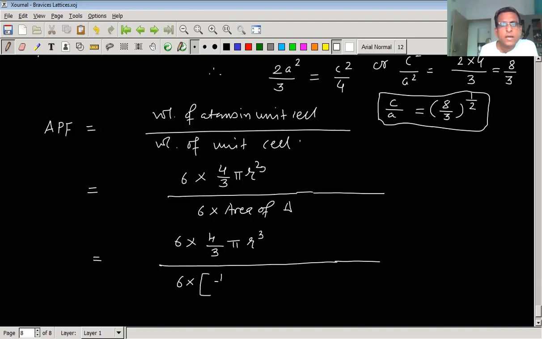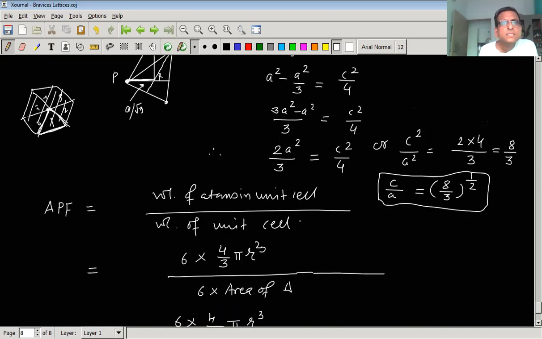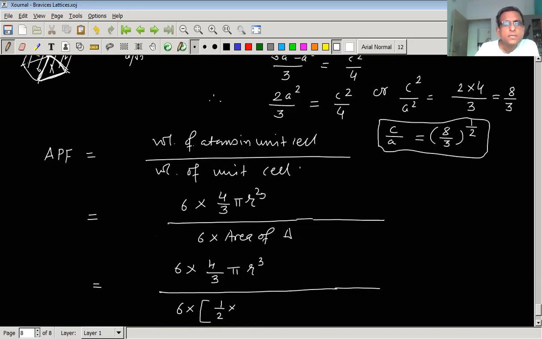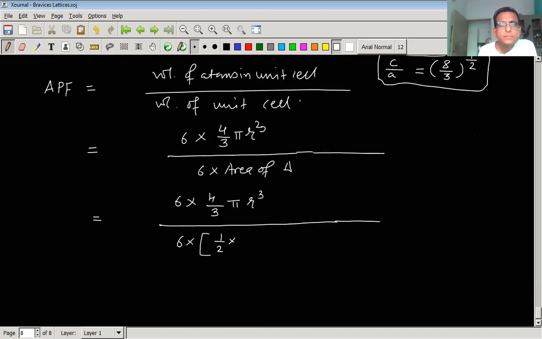So area is given by half into base. Base is A. Here you can see, this is actually A, isn't it? So base is A into the height of the triangle. So height of the triangle in this case is A root 3 by 2, into height of the entire unit cell.